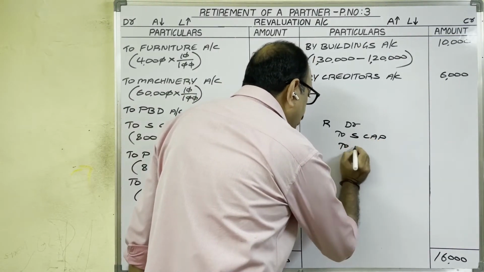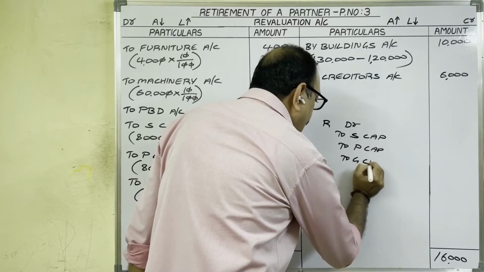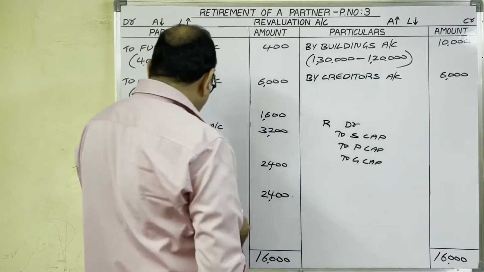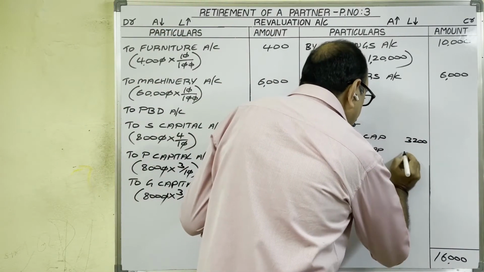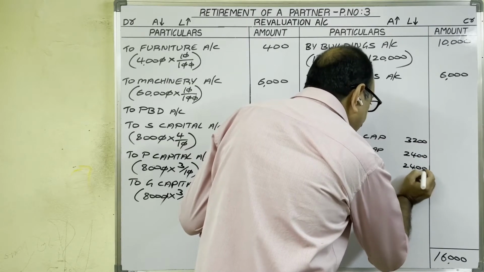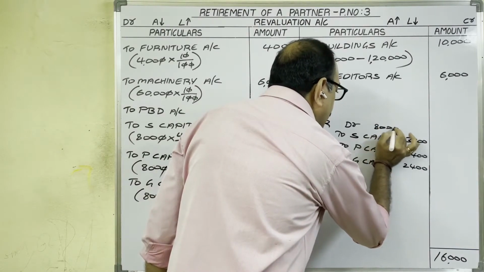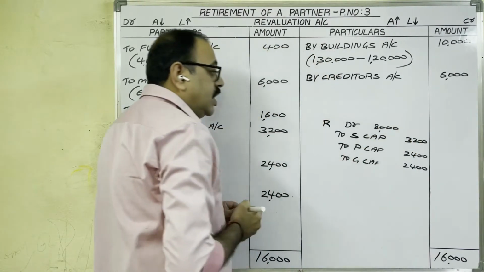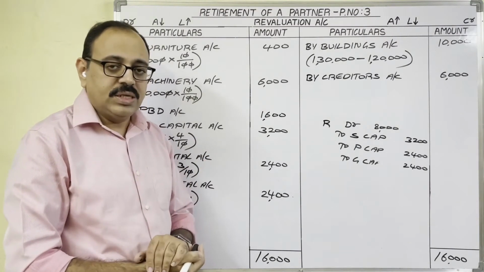S capital 3,200 credit, P capital 2,400 credit, G also the same. Total 8,000 rupees. So this is the journal entry for profit in revaluation of assets and liabilities.